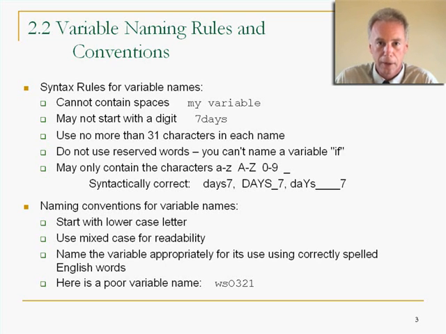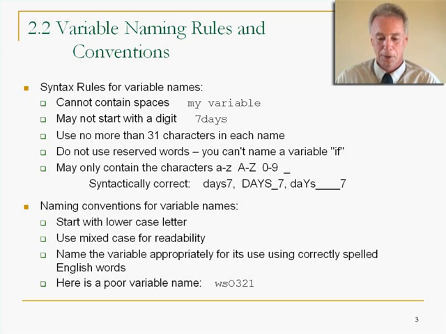Correctly spelling English words as your variable names is kind of important, and there's my famous example now of a variable name that you probably wouldn't want to encounter, WS0321. What would that be used for if it were a variable in a program?